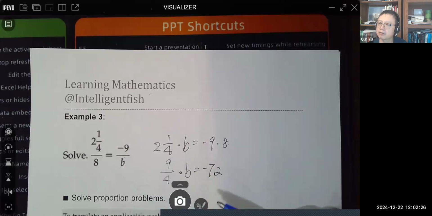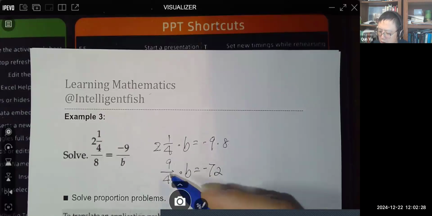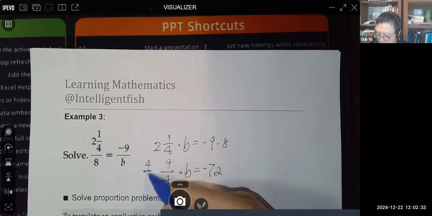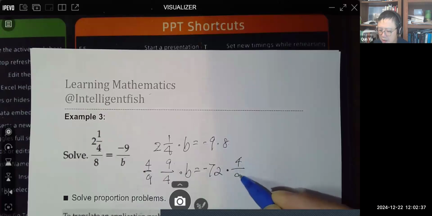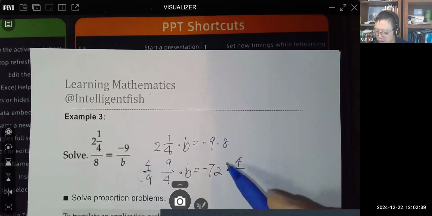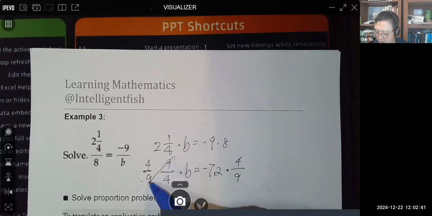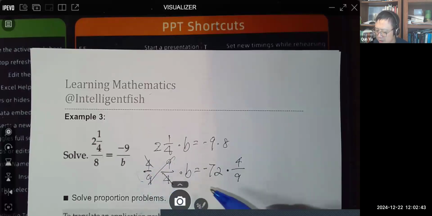That's how we cancel a fraction quickly. Reciprocal just switches the two numbers. So I multiply 4 over 9 on both sides. I have to do the same thing. Now you see, 9 and 9 cancel, 4 and 4 cancel, get b.